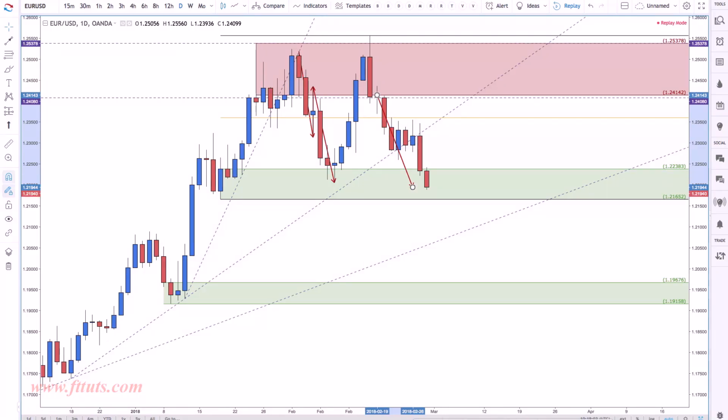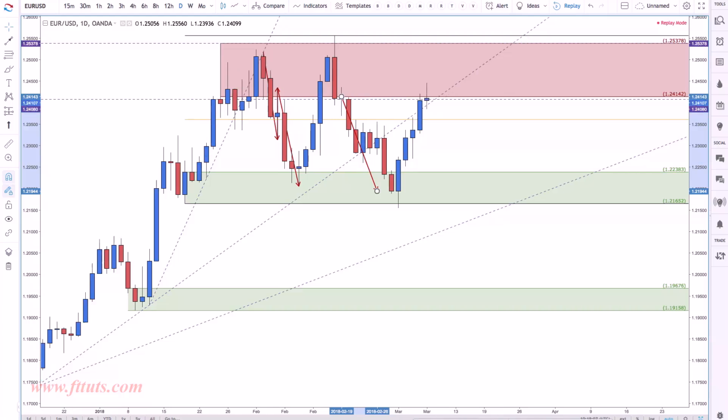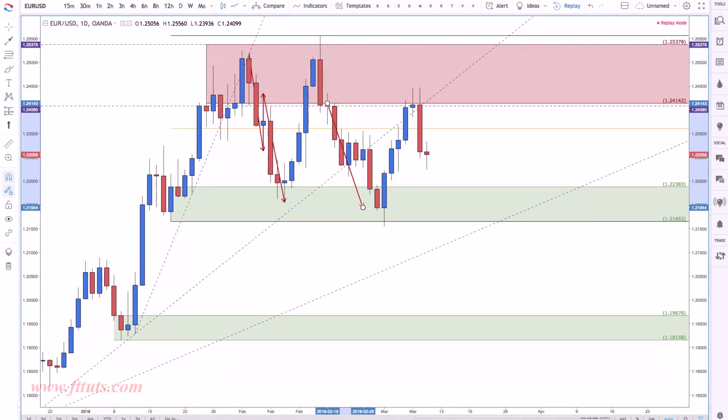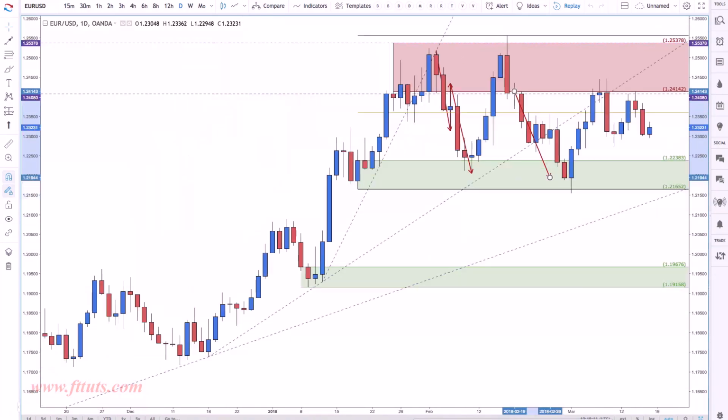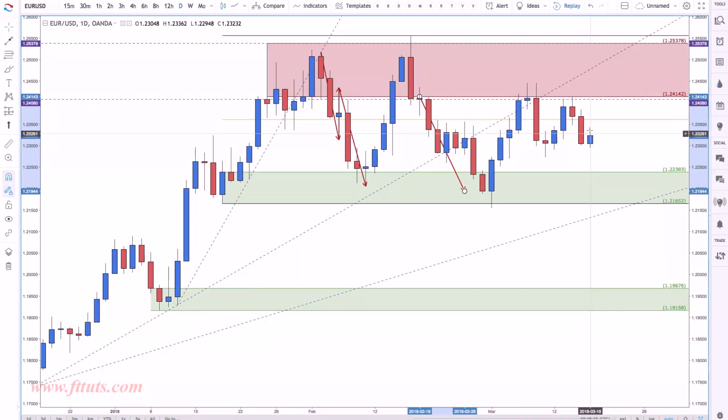And then we had prices come back down into this demand zone, right? A bit of a reaction, right? And this is where we currently stand at the moment. So we're really just kind of entering this value range where buyers and sellers are in agreement that the euro versus the dollar is worth, the dollar is worth probably 1.25 to 1.21 euros.